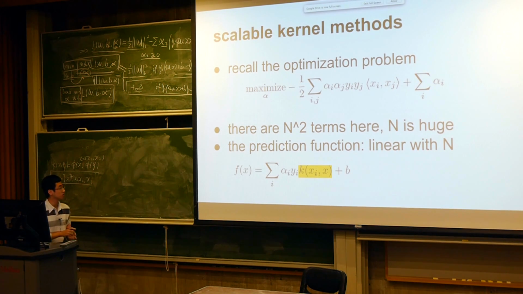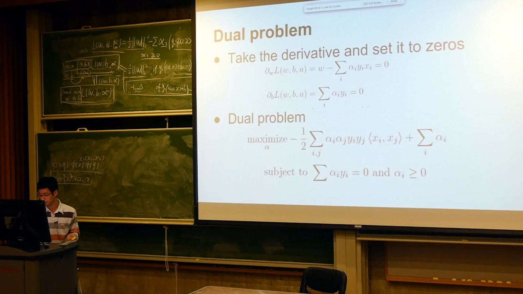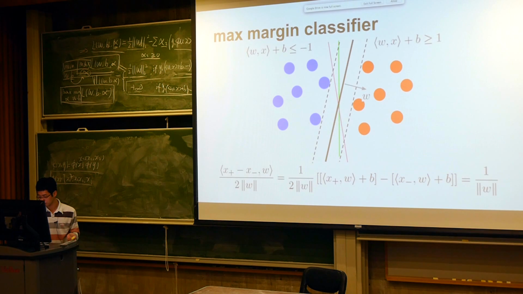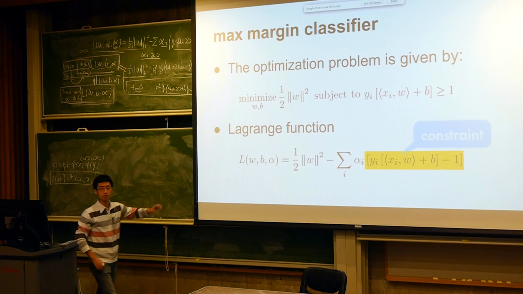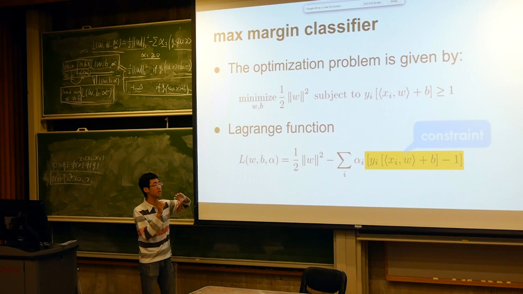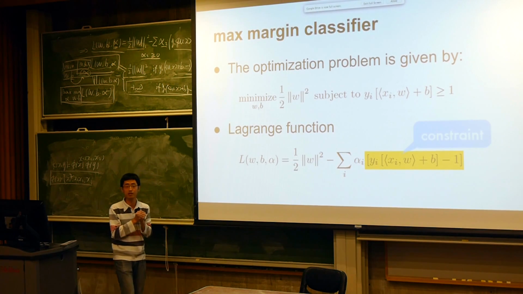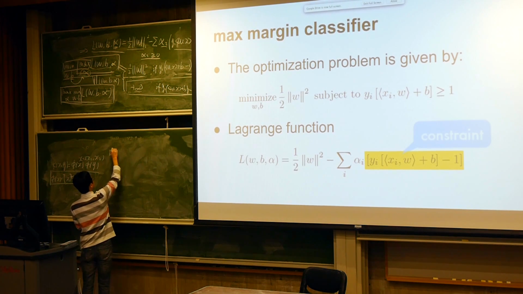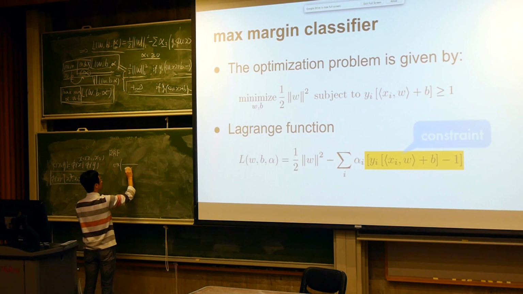So before talking about the technique, I want you to look at the primal problem again. In the primal problem, there's no such pairwise term, right? But in the primal problem, we cannot use the kernel, because for the RBF kernel, which is in this form, this is the distance between the two data points.